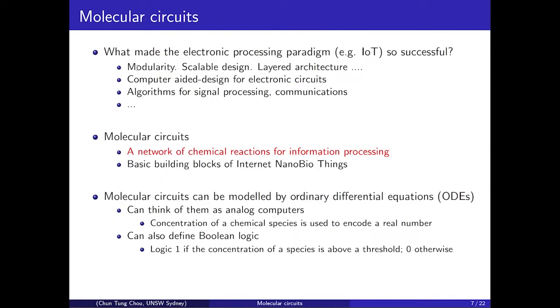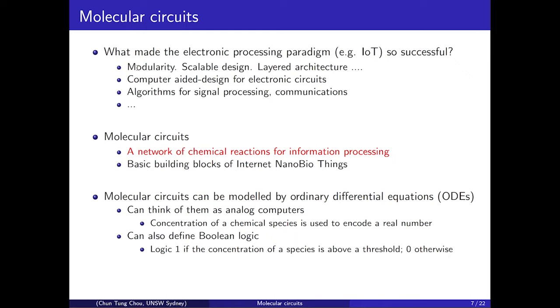So we have defined the Internet of BioNano things. How can we make these devices successful? Perhaps we can learn something from the electronic processing paradigm. There are many great concepts behind it, for example, modularity, scalable design, layered architecture, and so on.